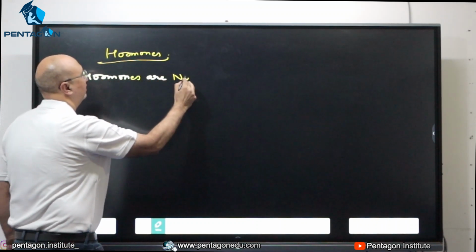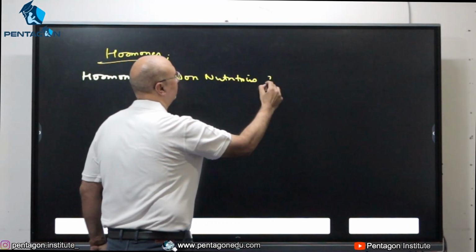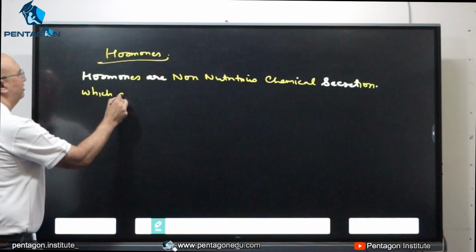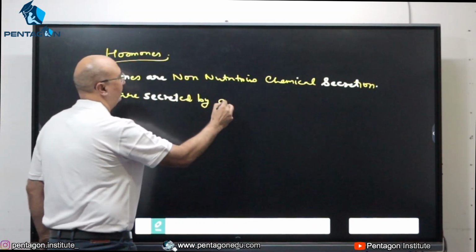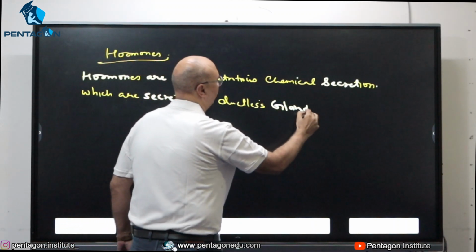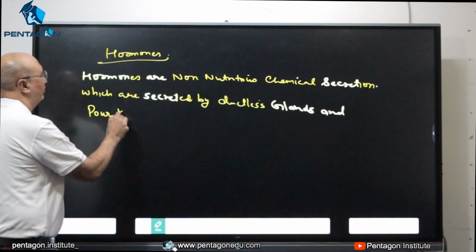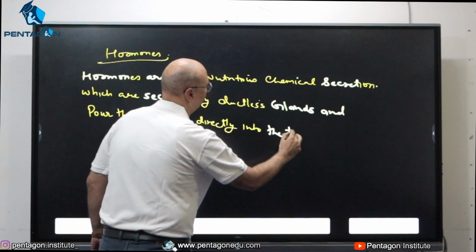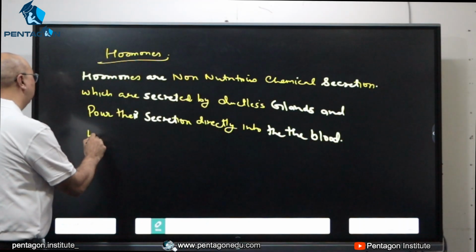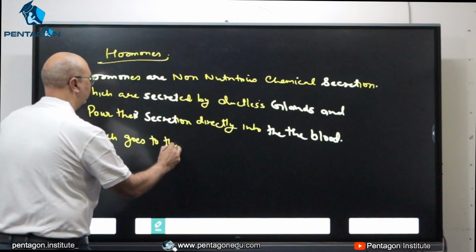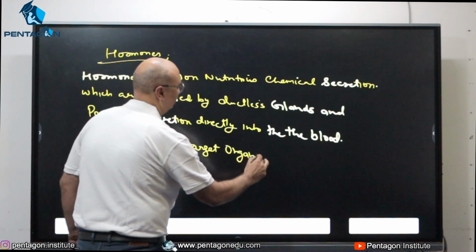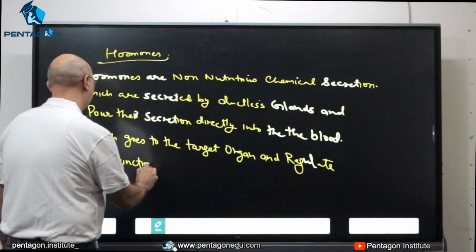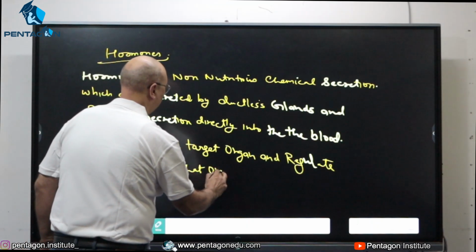Hormones are non-nutritious chemical secretions which are secreted by ductless glands and pour their secretion directly into the blood, which goes to the target organ and regulates the functioning of that organ.